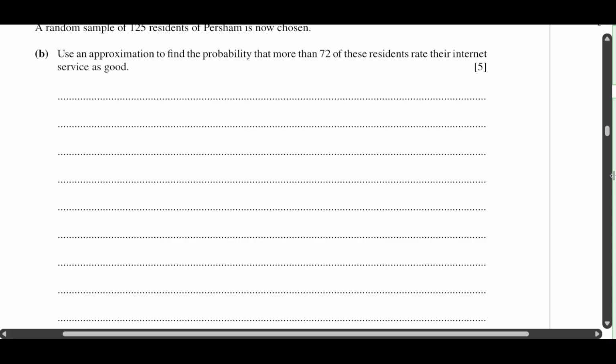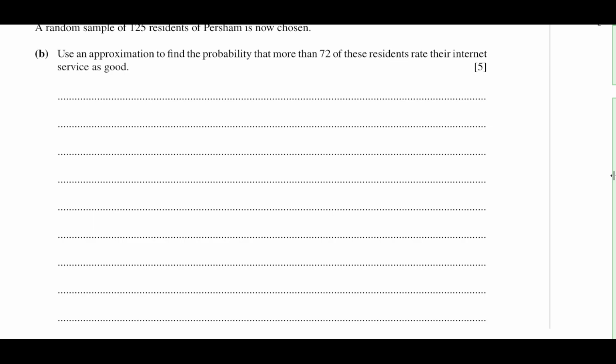So in this problem, use the approximation to find out the probability that more than 72 of the residents rate their internet service as good. Okay, what is the probability of good?